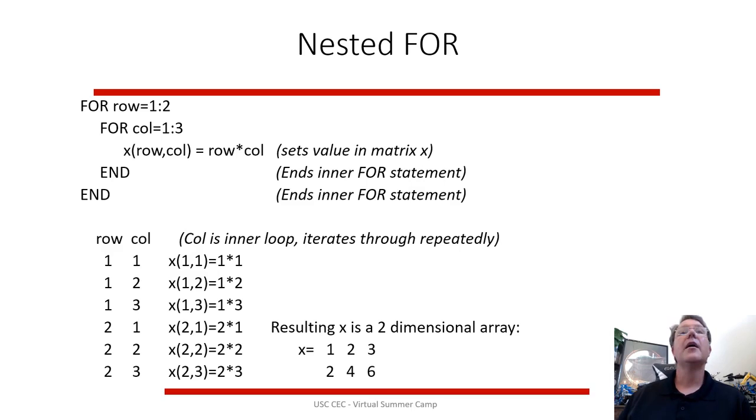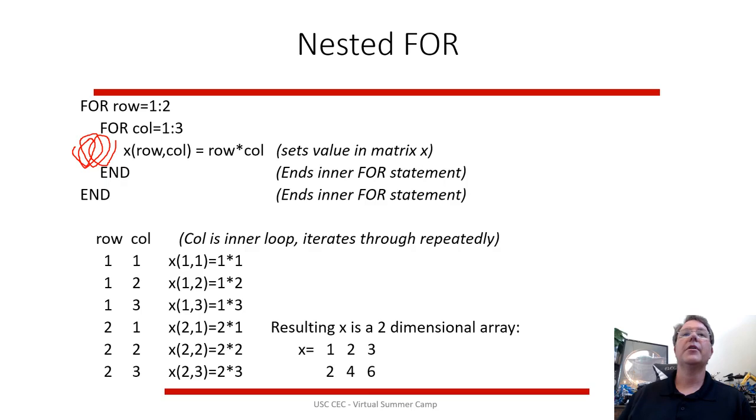If we have 2 rows, we have to go through every row, and we'll start with row 1, and then we have to go through every column, and we have 3 columns. We're going to access the row and column value. So when row is 1, column is going to increment 3 times.